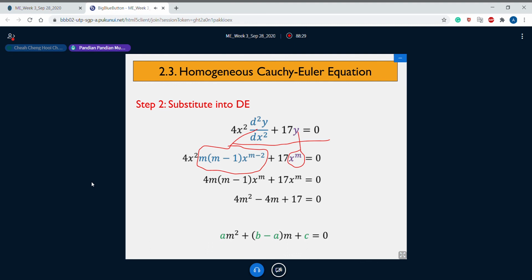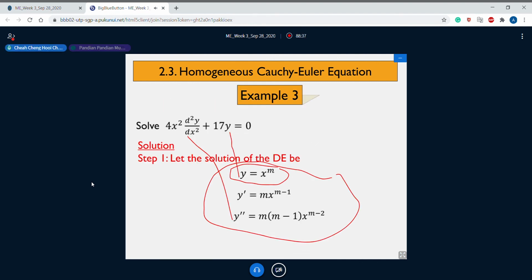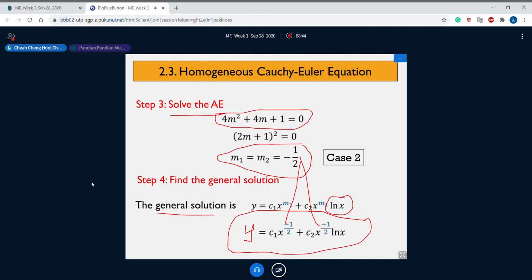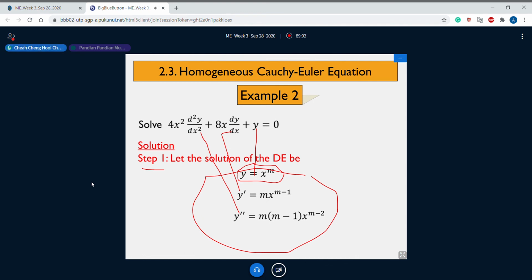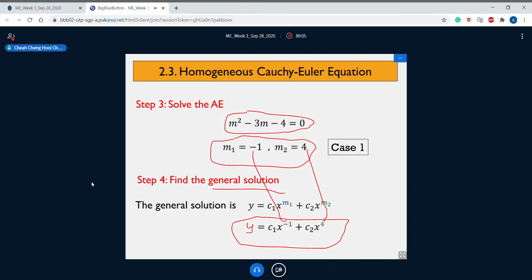Which slide? I think just now. Slide number 19. No. Forgot already, sir. Is it in Euler-Cauchy? Yeah, still Cauchy, sir. Example 1. Wait, I guess m1 is not equal to m2.